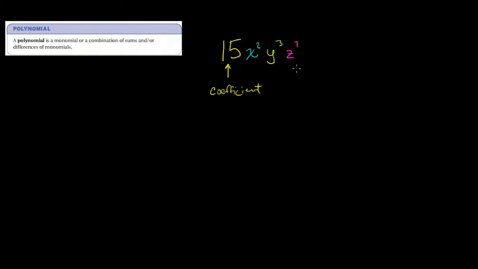Now, x, y, and z are all variables. So these three down here are our variables, and a variable means a number that is unknown or can be substituted. In this case, I have three different numbers, or potentially different numbers, x, y, and z, and each of them can mean a different number.